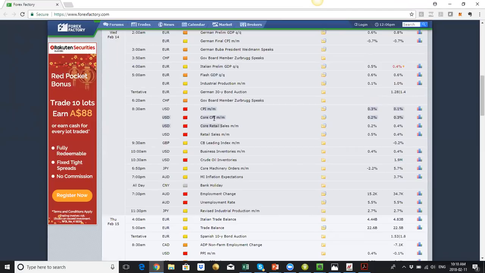If they drop, that will have more of a negative impact because inflation is a concern for the Fed right now, so they need to make sure this stays on track.